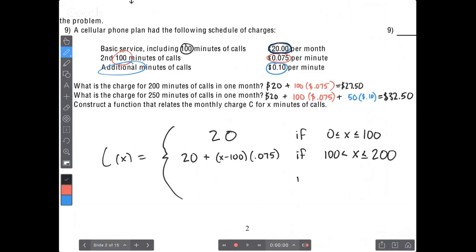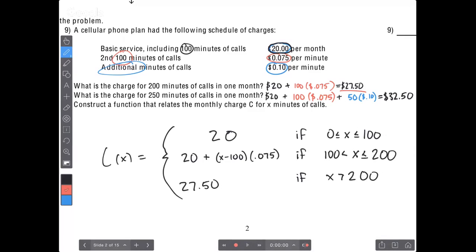Cool. And then in the last section, this is for values of X over 200. And here you're paying the $27.50 that we got right here, right?